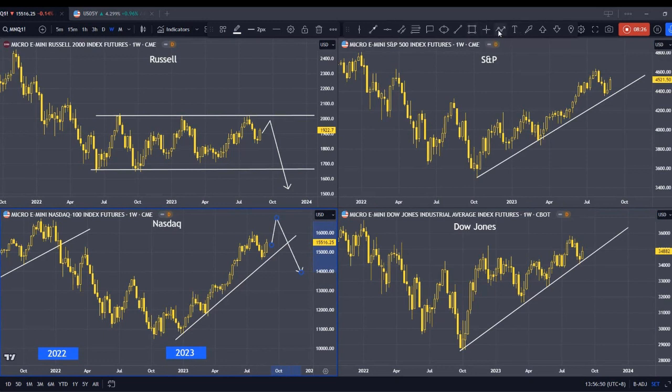So similarly for S&P, if it appears as such, I will know what to do next. And how about for Dow Jones? This is what my plan will be. I'm not suggesting that it will all come together, but either one of them comes first, I will know exactly what to do here.